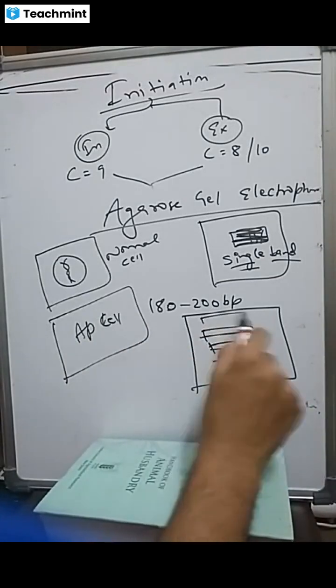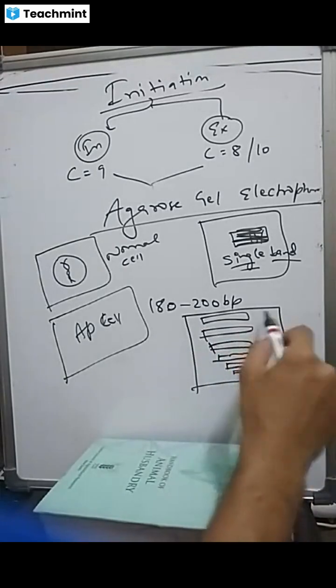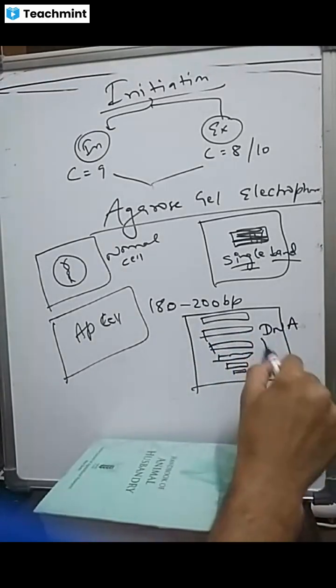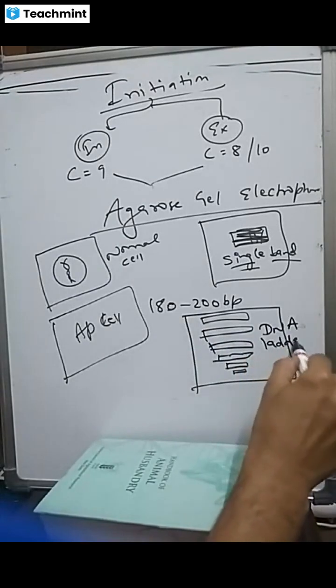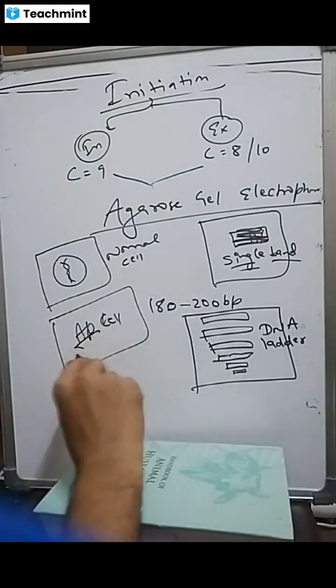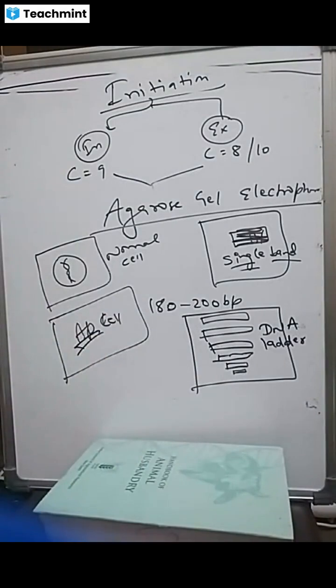This appearance is called a DNA ladder. So a DNA ladder will be there in case of gel electrophoresis of apoptosis. This is how we diagnose on gel electrophoresis.